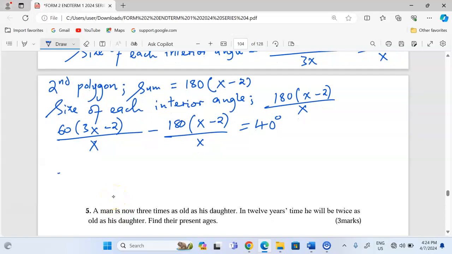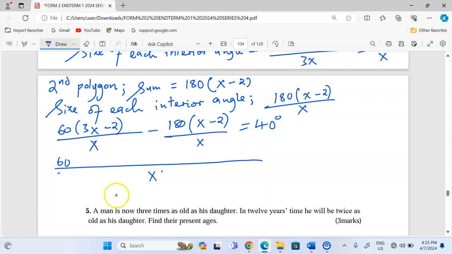Allow me to apply the LCM method, in which case the LCM is x, so that I divide the LCM by the denominator and multiply by the numerator. So x divided by x remains 1.